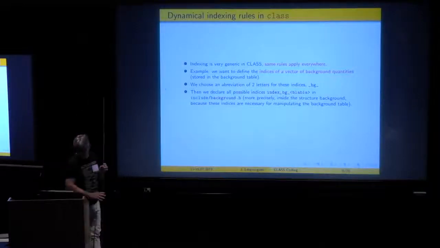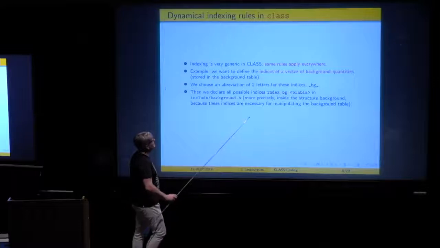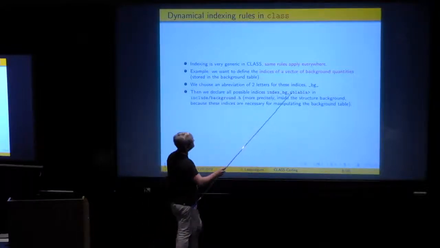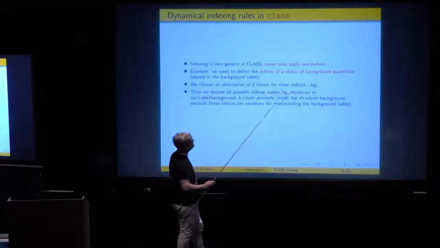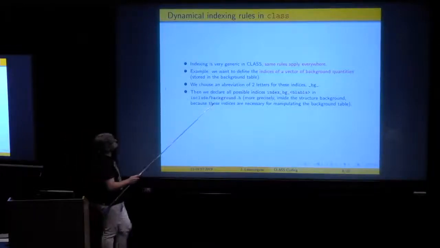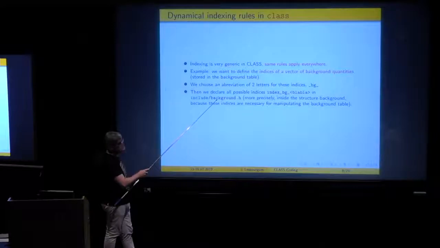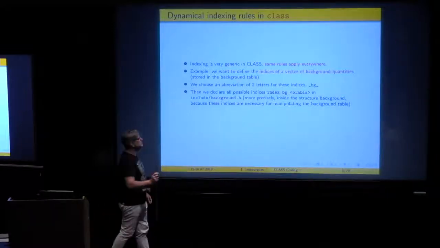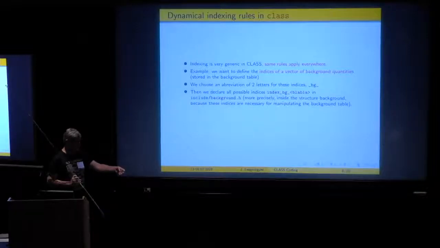Then you declare all the indices you need, index_bg, and then this could be rho_b, rho_g, Hubble, a for the scale factor, etc. You define all these indices in the background structure, which is in background.h, because the other modules cannot understand the table stored in the background structure if they don't understand the indices.